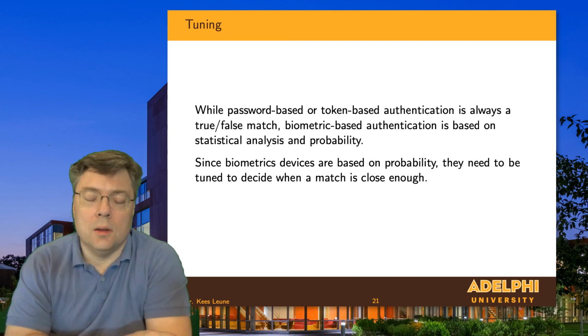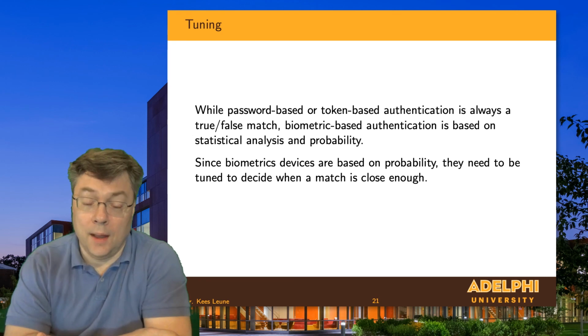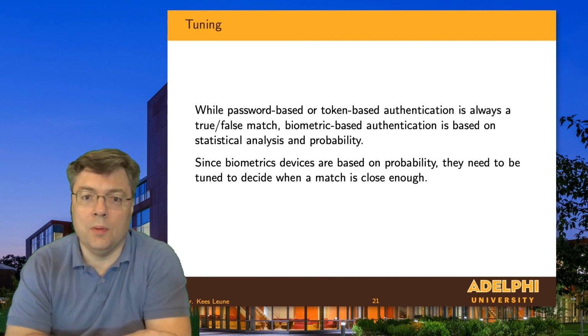The problem is that I need to tune them, and that means that if I want to be more certain, so I want to reduce the chance of false positive identification, I can do that. I can make my scanner a lot more sensitive to only accept people when they're really sure that it's them. The problem with that is that I'm also increasing false negatives.